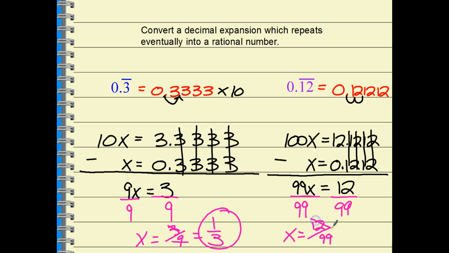And we know that we can reduce that because 3 goes into both of them, 4 times here and 33 times there, and we're in final fraction form. So 4/33 is the fraction form of this repeating decimal of 12 repeating.